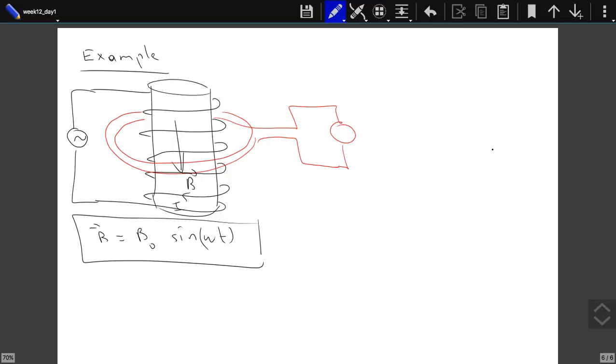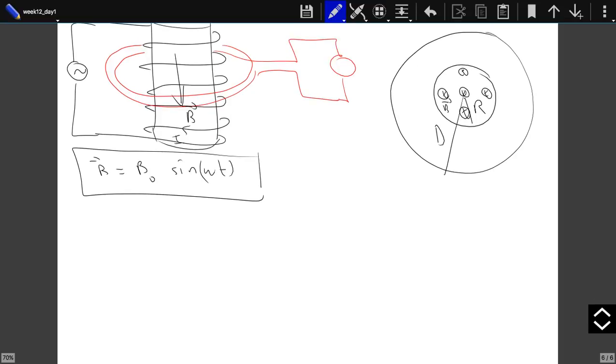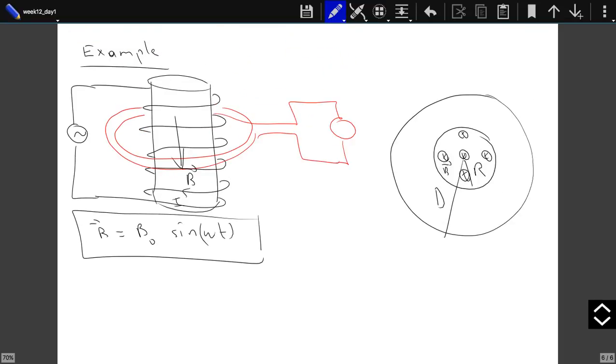Now let's say, assume we are looking from the top. So this is our solenoid, let's say it has a radius r, the B field is inside. Let's say the outer ring has a radius d. Let's choose a direction to it. Should we choose the direction of the outer ring, clockwise or counterclockwise?